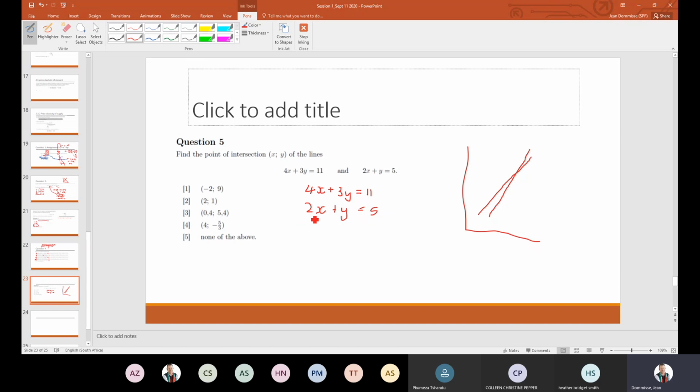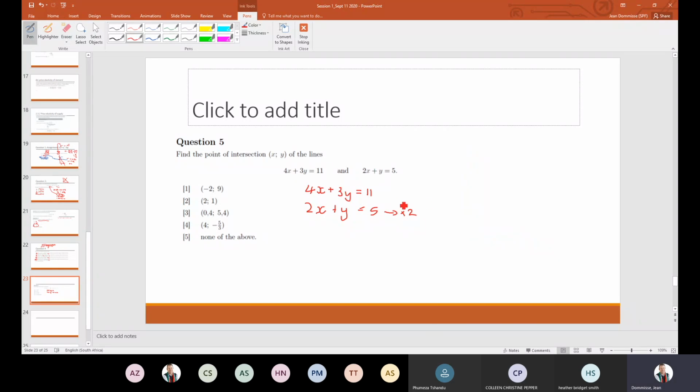So what I would have done is to say, okay, I will nearly want to subtract the one from the other one, but I need to change things first. So this formula, I would multiply by 2. So let's just take that away.